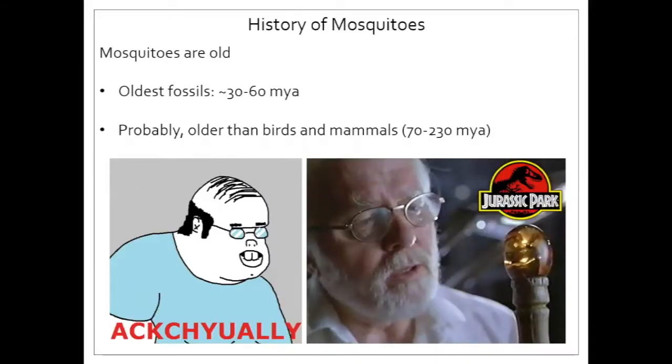Mosquitoes are very old. The oldest fossils we have of mosquitoes date back to be about 30 or 60 million years ago. But we actually estimate that they're older than birds and mammals, about 70 or 230 million years ago. So when you look at this image from Jurassic Park, you can see that Dr. Hammond is holding up a mosquito trapped in amber.